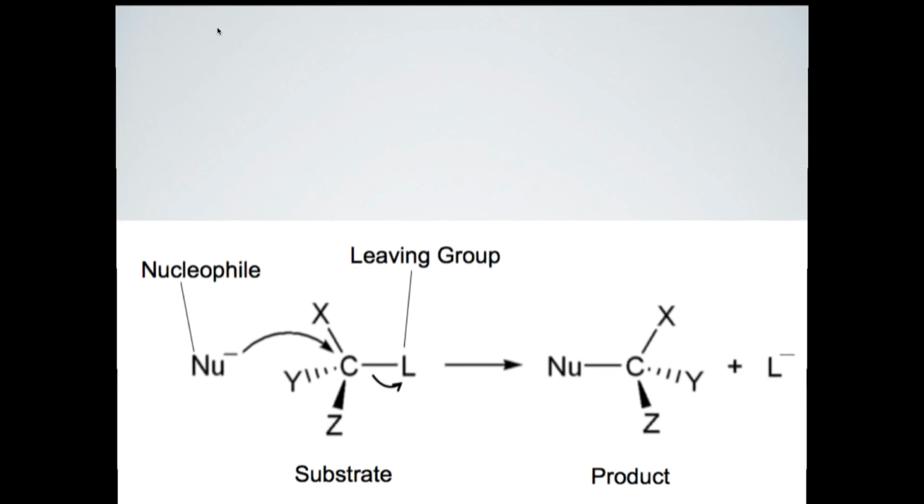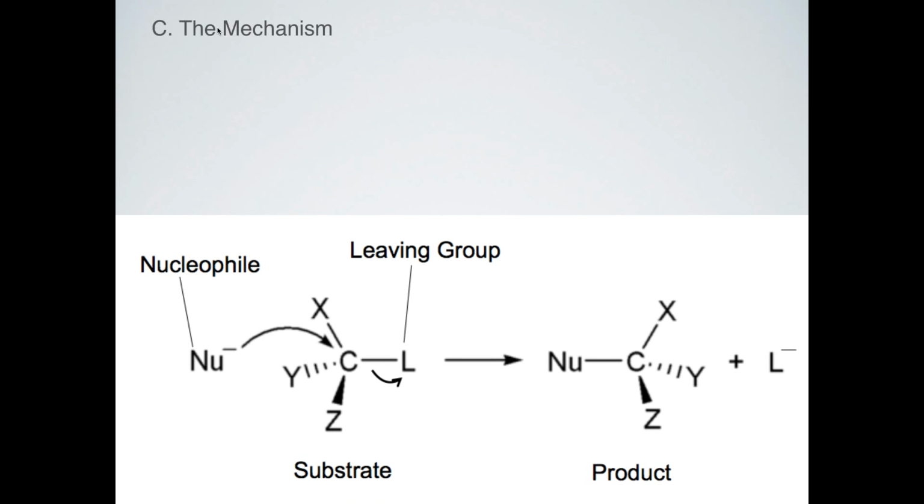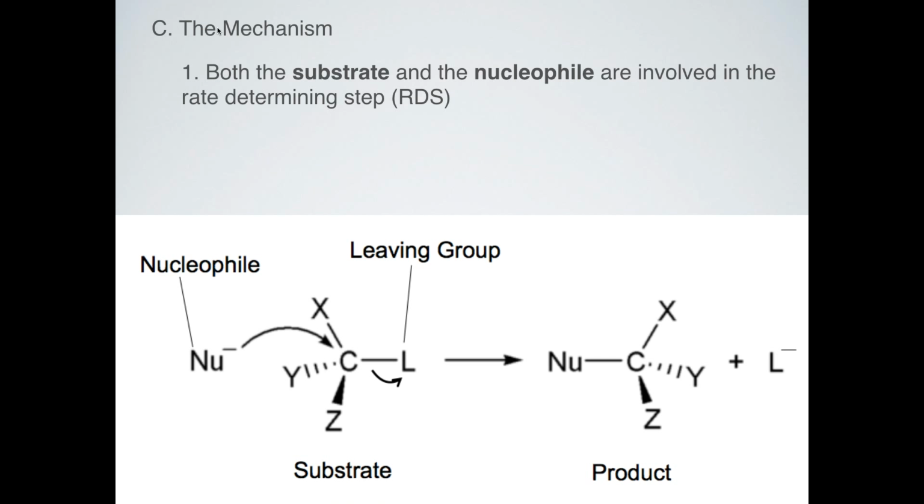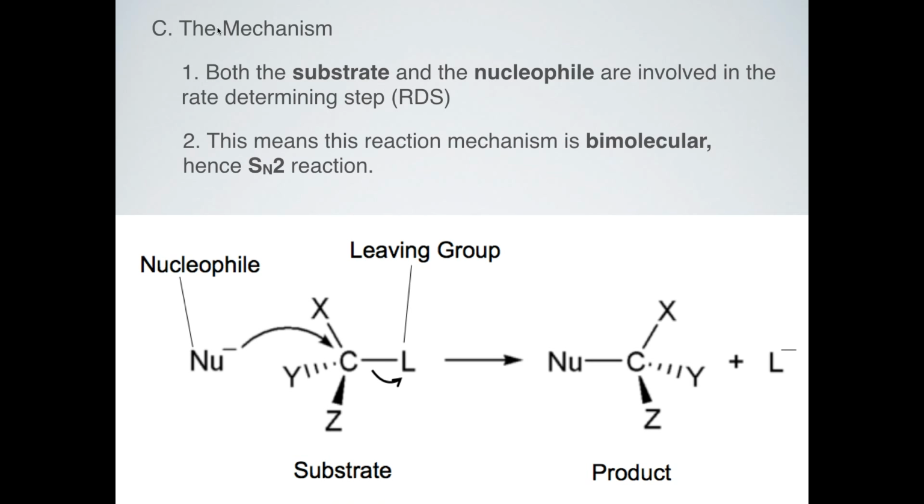All right, next up. What is the mechanism then that we're using to do this? Like I said, it's called a backside attack for a reason, but the important thing is the substrate and the nucleophile are involved in the rate determining step. So the substrate is important, the nucleophile is equally important. They're both important. If you wondered why it's called an SN2 reaction, the 2 is representing the substrate and the nucleophile.